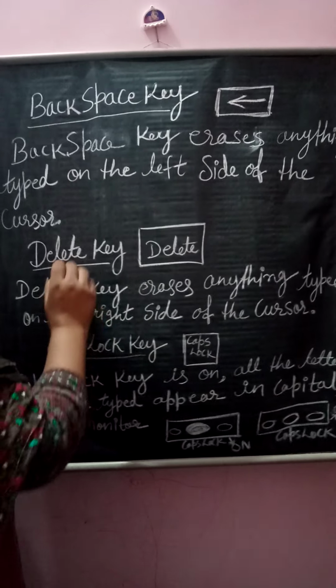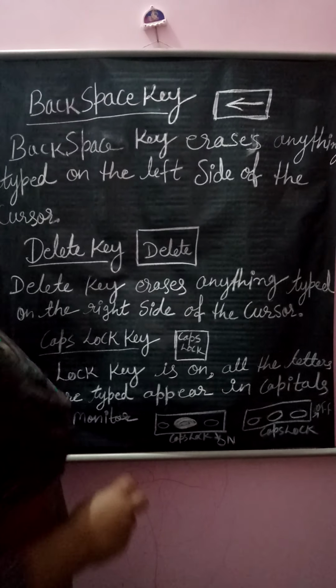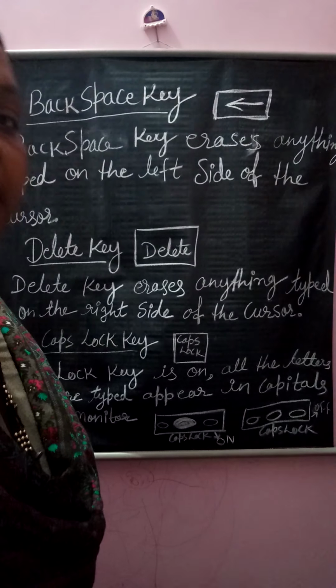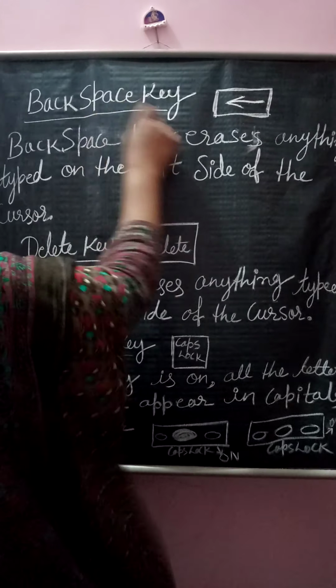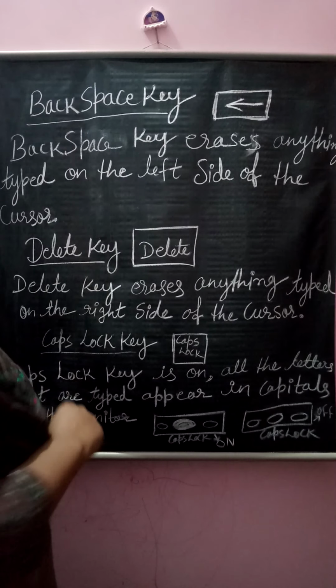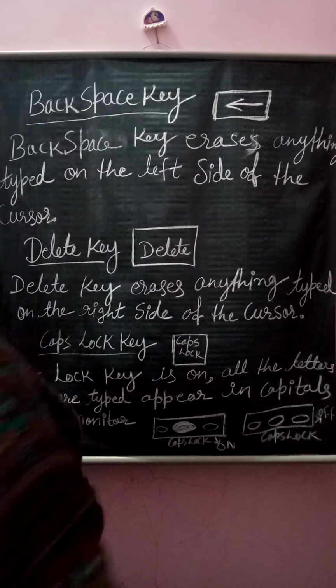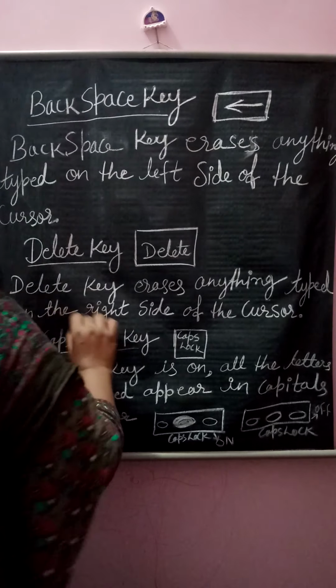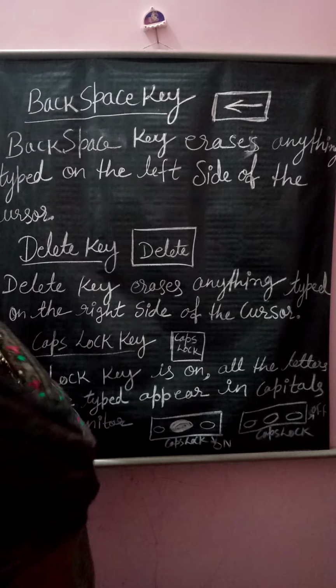You can utilize the delete key. Delete key means it erases the right side of the cursor. Backspace key erases the left side of the cursor, and delete key erases the right side of the cursor. So delete key erases anything typed on the right side of the cursor.